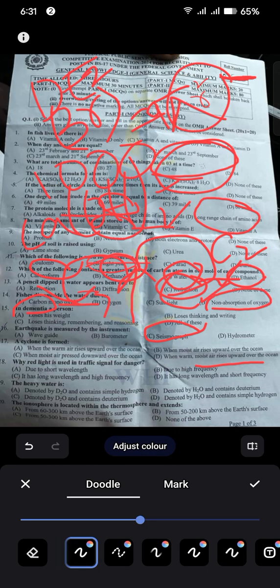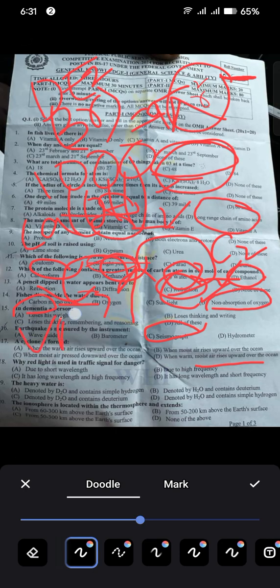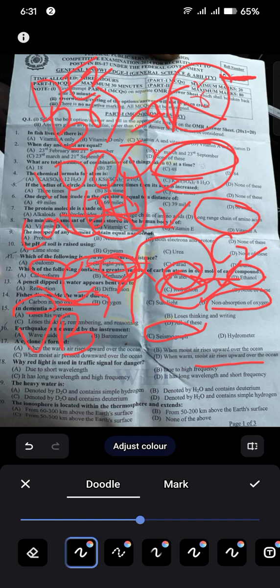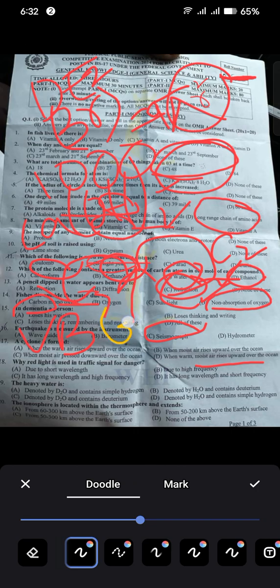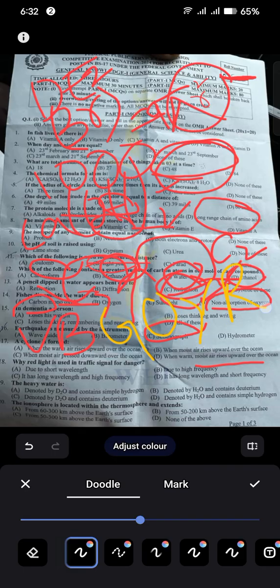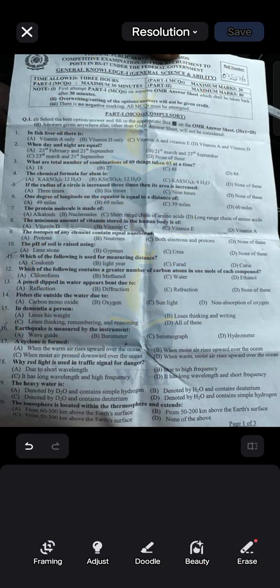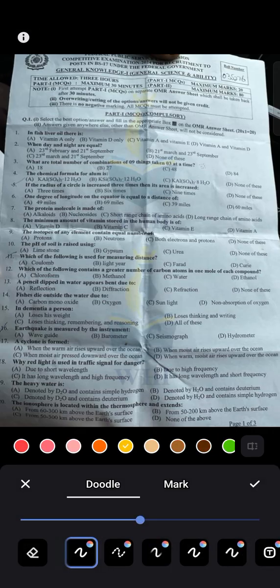So when red light is used in traffic, why is it used? We can remember it as VIBGYOR, written in reverse. Okay, let me change the color. From the red, left to right, there is an increase of wavelength.